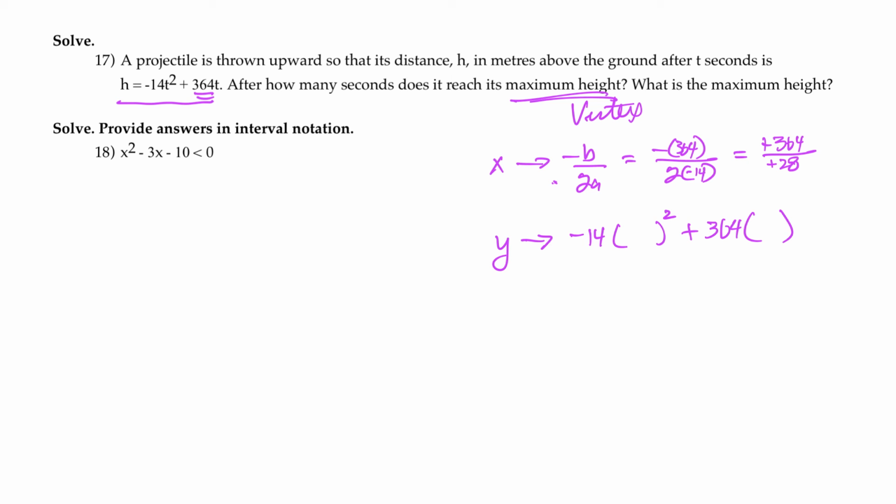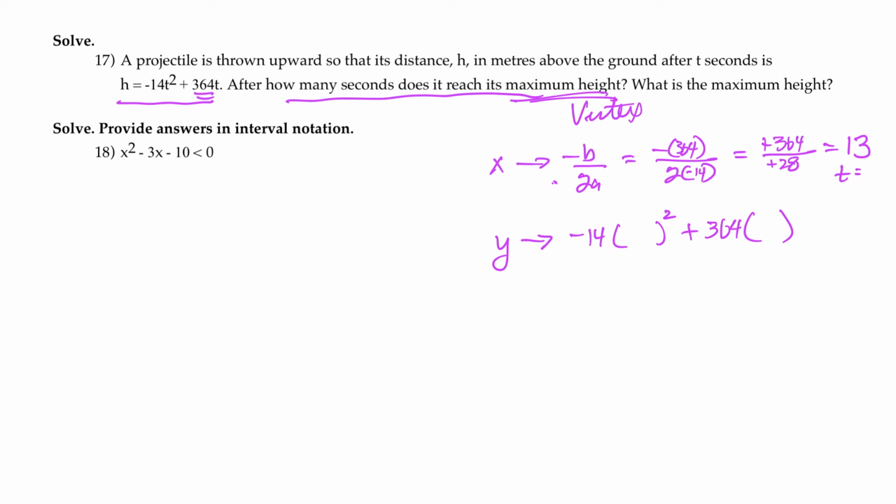What's that come out to? 364 divided by 28. Oh, comes out even. Good, like that. 13. Good. So that is the time that the thing reaches its maximum height. So that's the answer to this question, is 13.